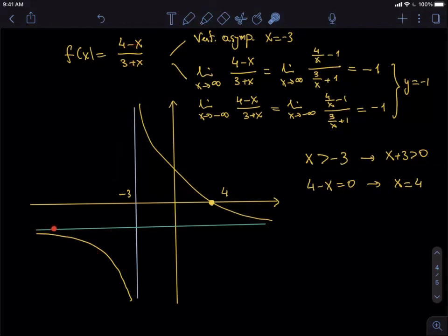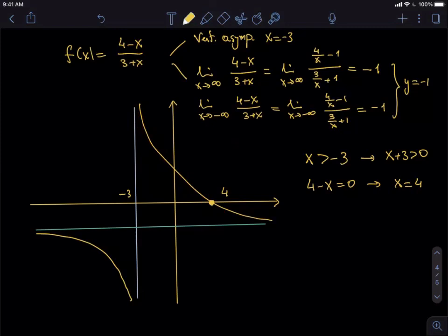This is good. Now, if I look to the right side, when x is bigger than 4, I have a positive denominator and a negative numerator, so the function is negative. That's correct. But if x is less than 4, the numerator is positive and the denominator is positive, so it makes sense that the function is positive. So this is a good sketch.